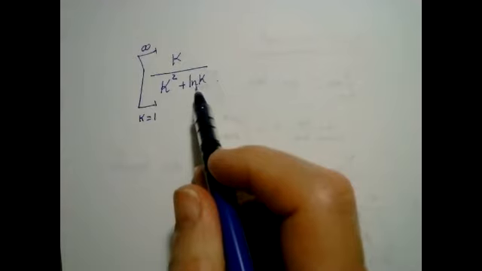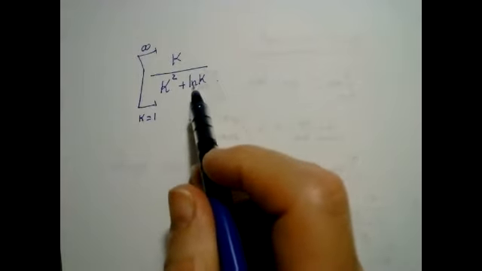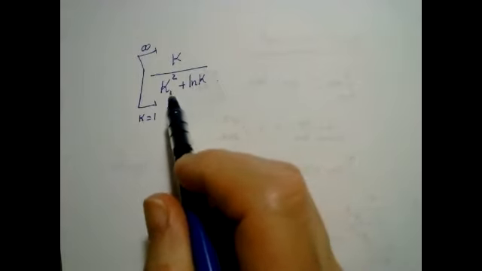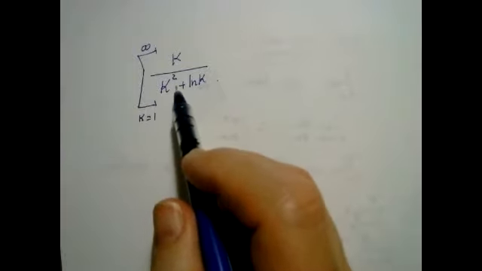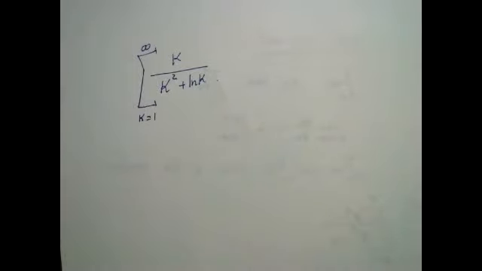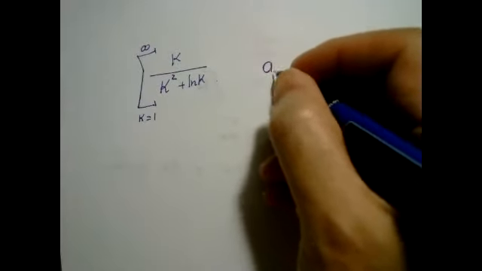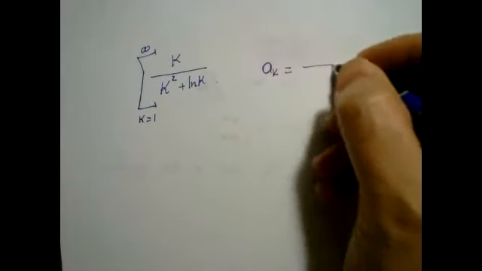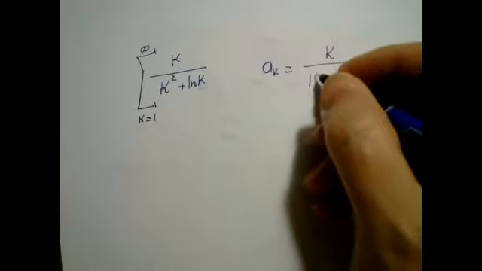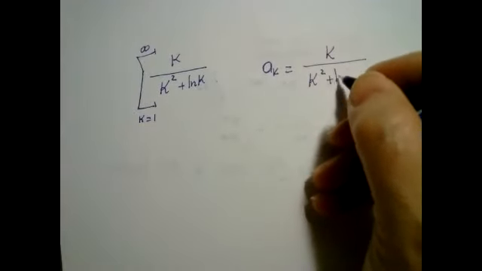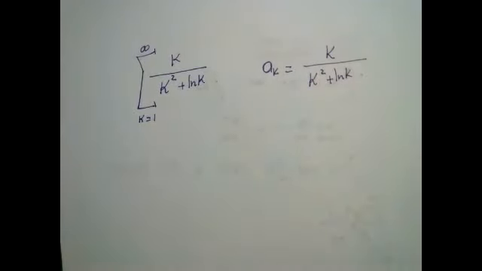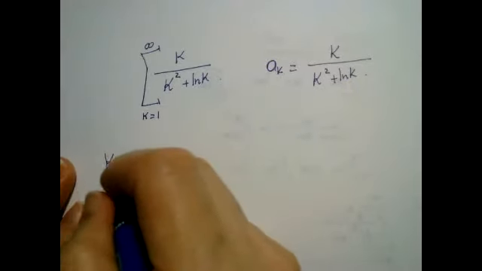Whenever I put ln, I'm afraid to put ln of 1, but in this case it works. If k is 1, 1 over 1 plus 0, it works. So I want you to use the limit comparison to decide whether the series converges or diverges. This is my a_k, and I want to compare a_k to something.